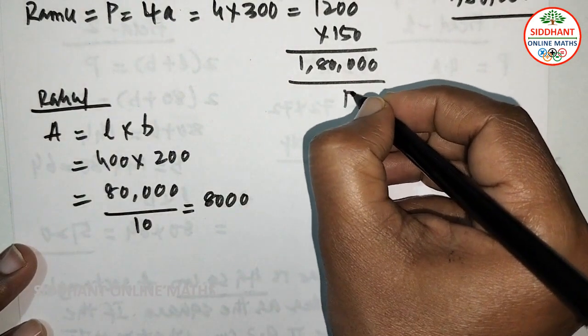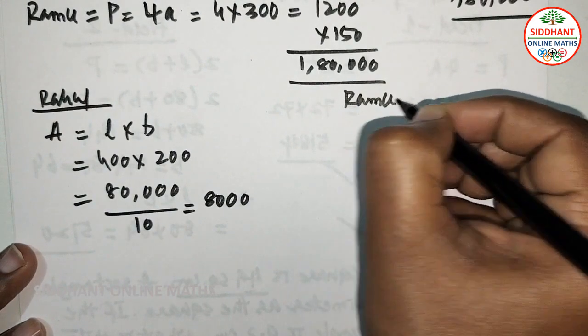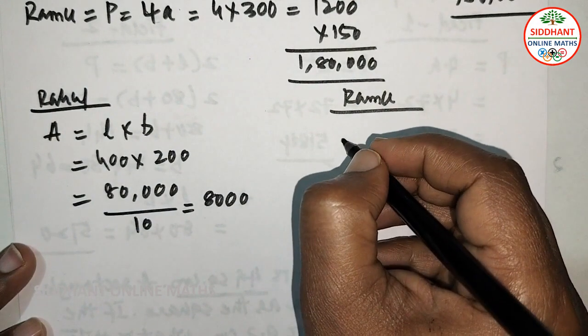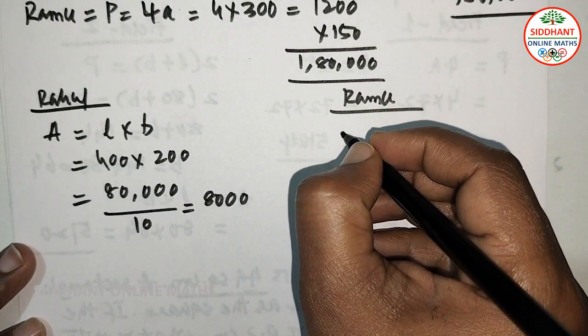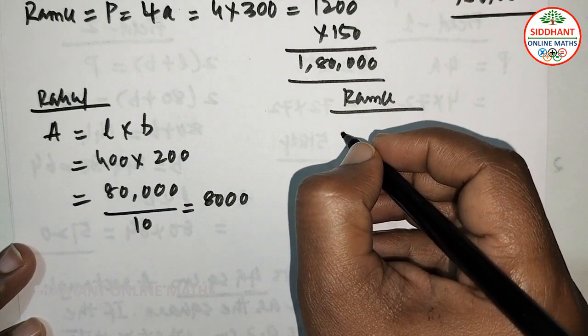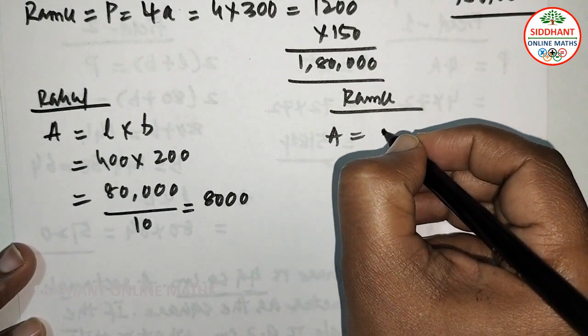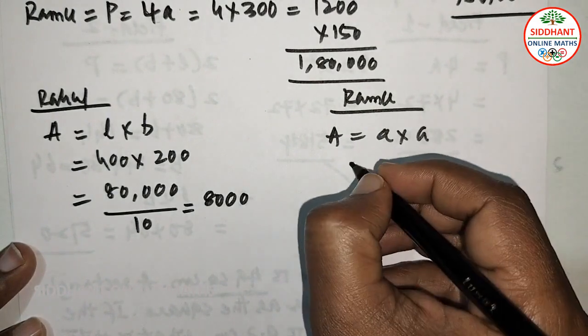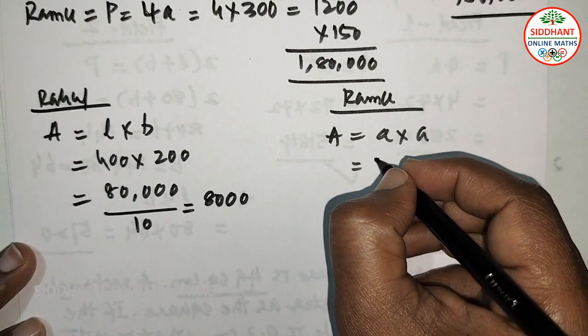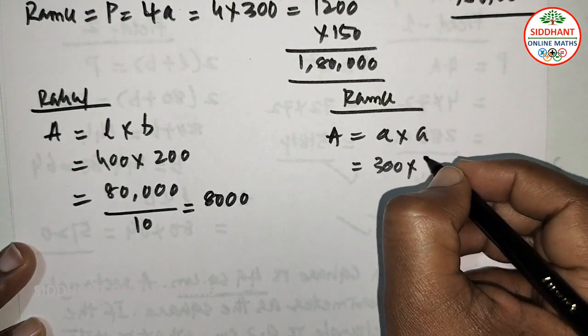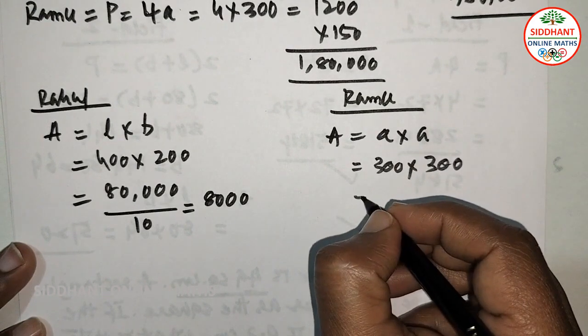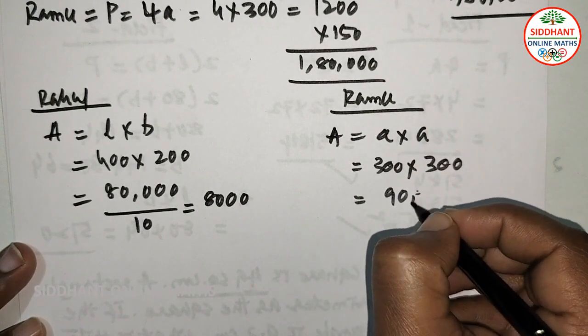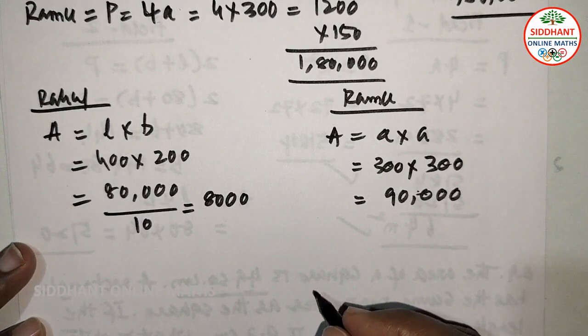When you see Ramu here, the area of a square is side into side, so that will be 300 into 300, which is 90,000.